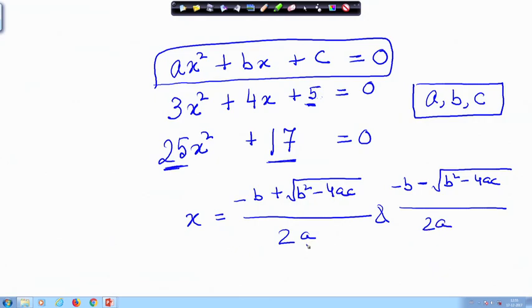So, the roots are determined only by the value of these coefficients. Therefore, the first step that I will have to do here, we can start with a flow chart.